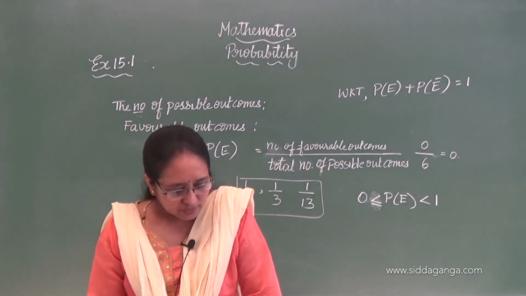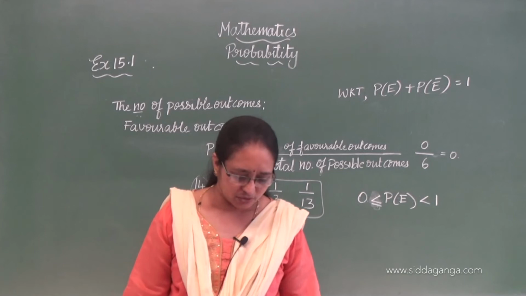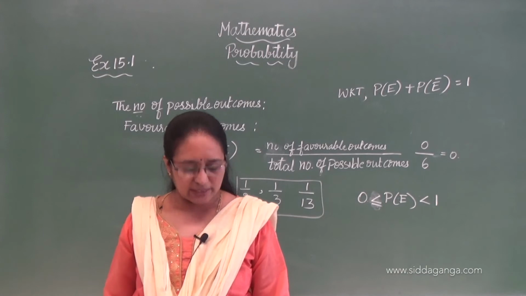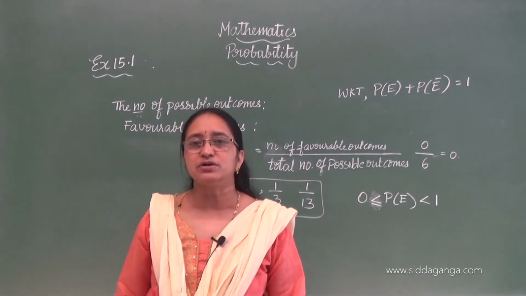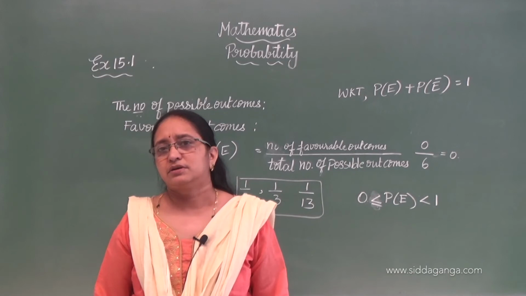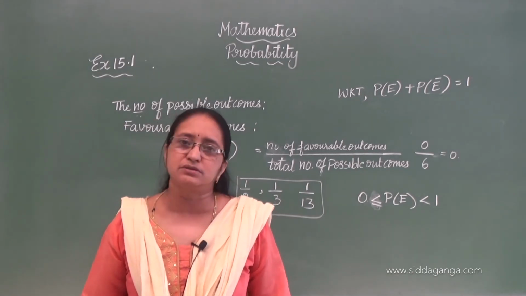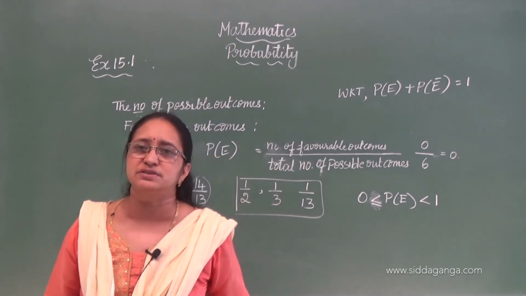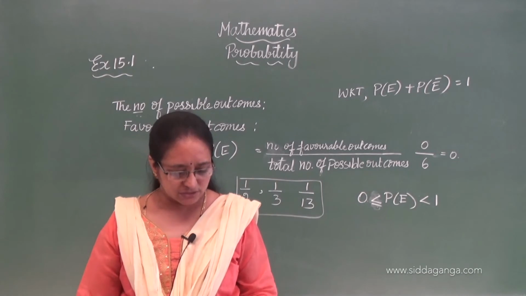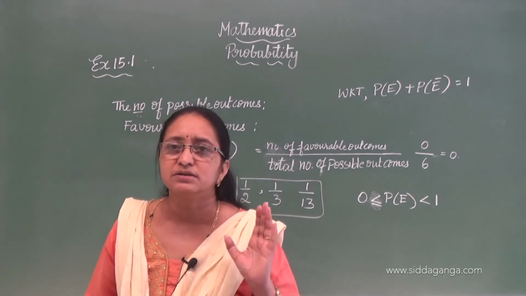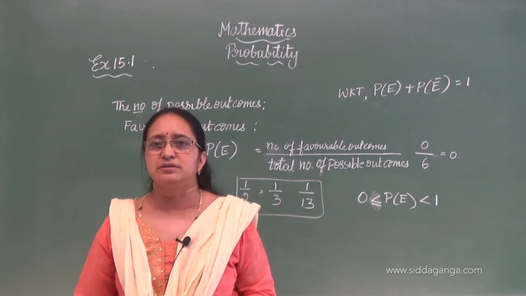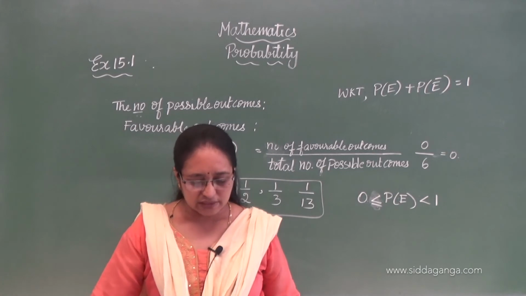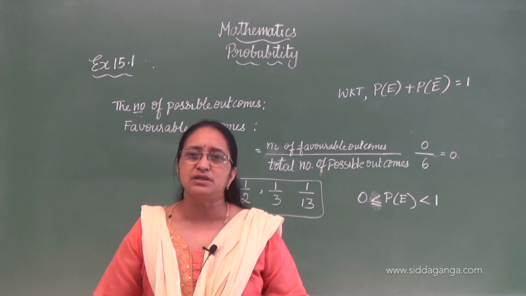Then the third one: why is tossing a coin considered to be a fair way of deciding which team should get the ball at the beginning of a football game? See, everywhere they use this for games. In cricket, you might have seen, in all the games they usually use tossing, and it is considered a fair method. Why? Because they are equally likely outcomes, as I just explained.